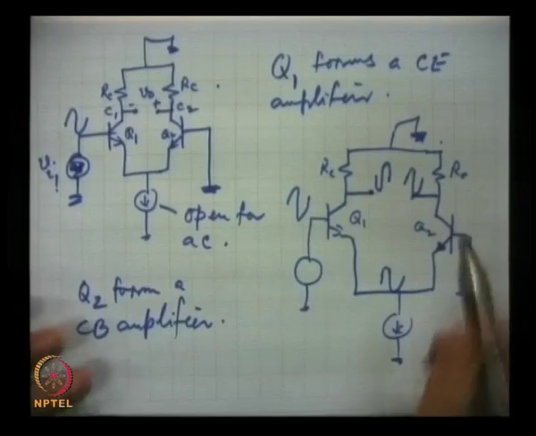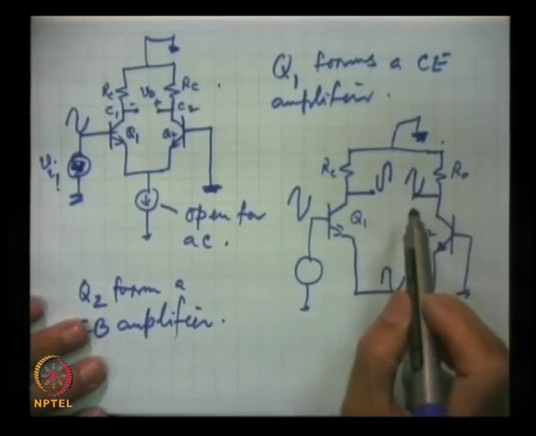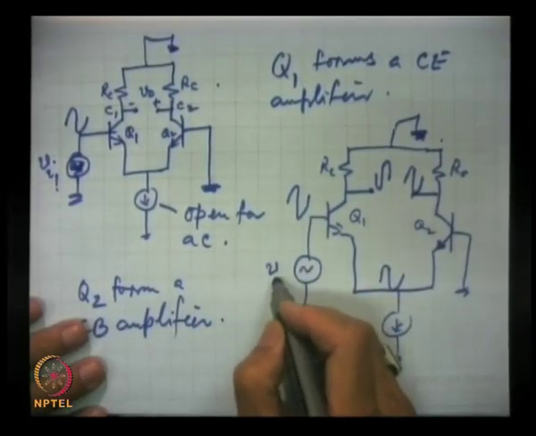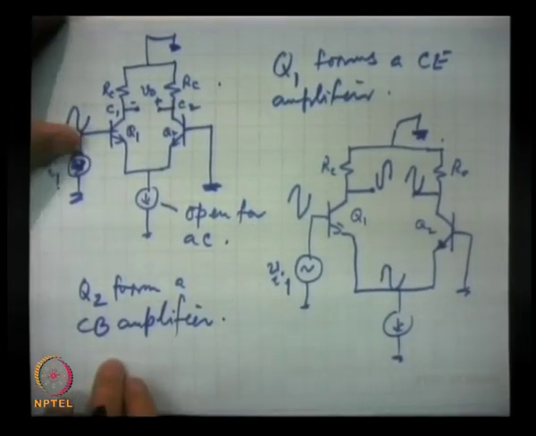So, what will be the net output because of the first input signal source, Vi1? This is this.